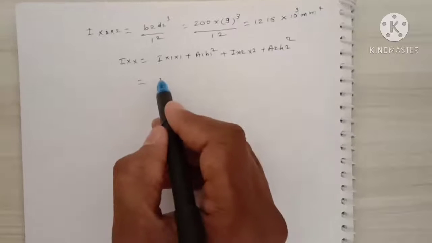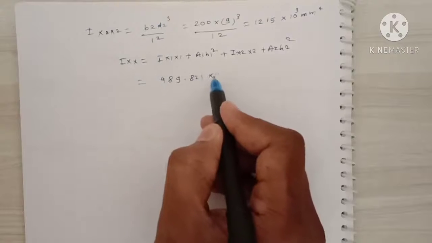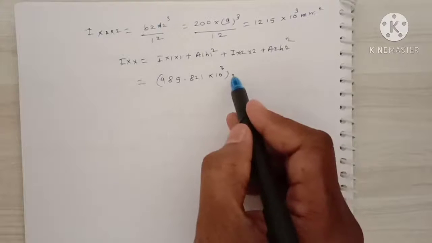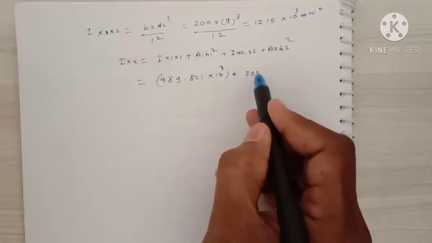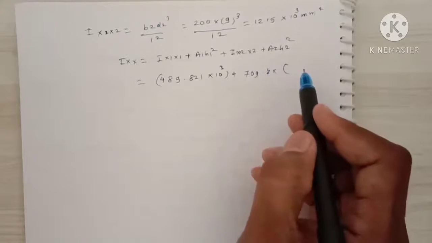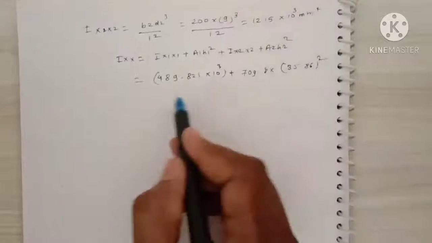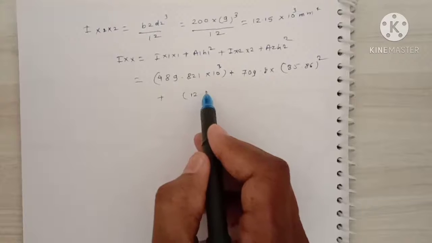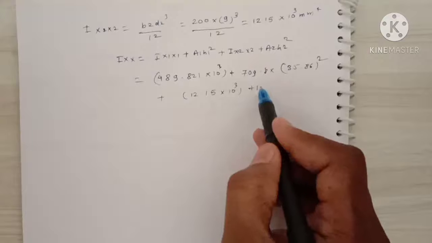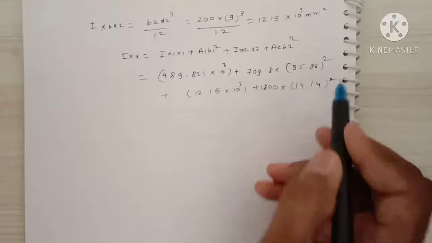We just put in the values: 489.821 into 10 raised to 3, plus 709.8 into 35.86 square, plus 12.15 into 10 raised to 3, plus 1800 into 14.14 square.